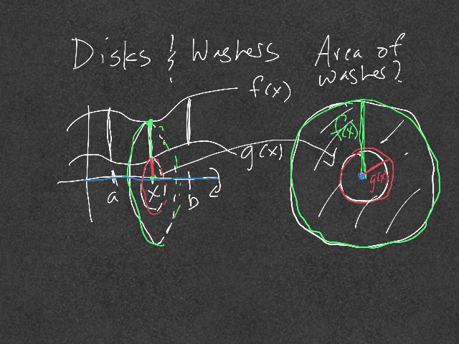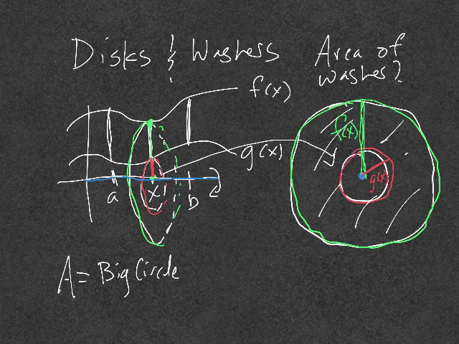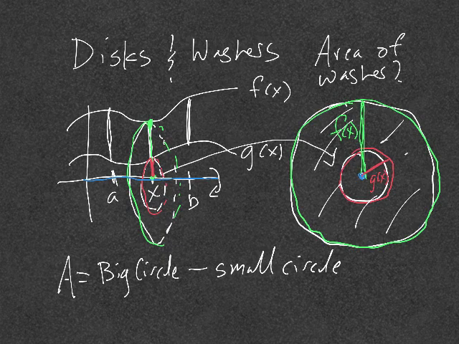And so this smaller radius is g of x. So the area of the washer, let's call it A, is going to be the big circle minus the small circle. And so the big circle here is a circle with radius f of x. So the area, if it has radius f of x, is going to be pi times the radius squared.